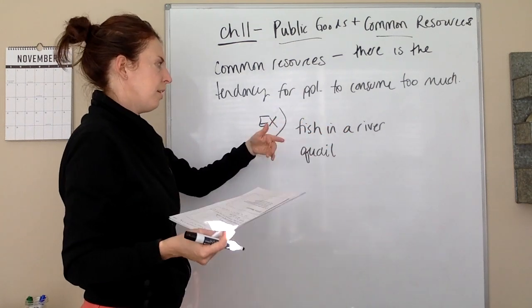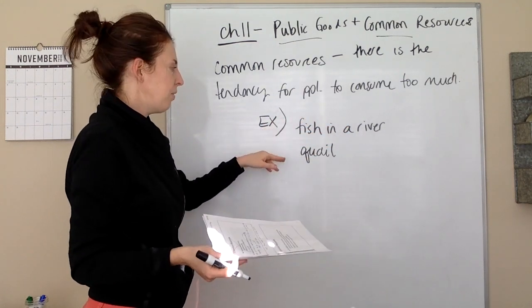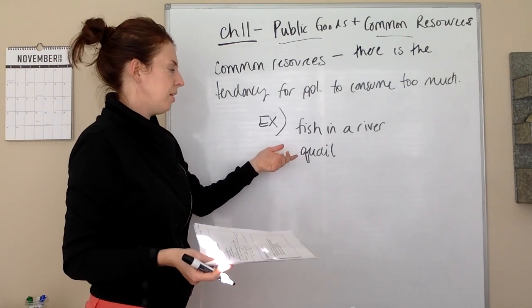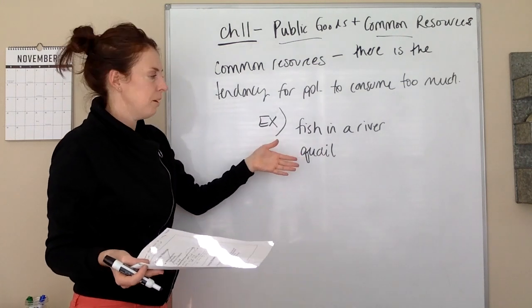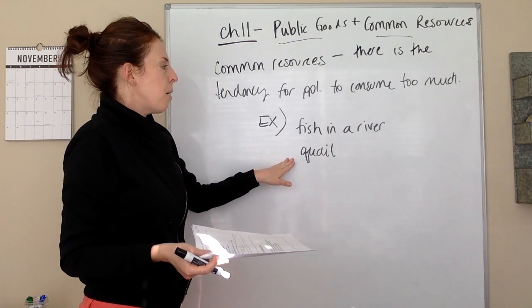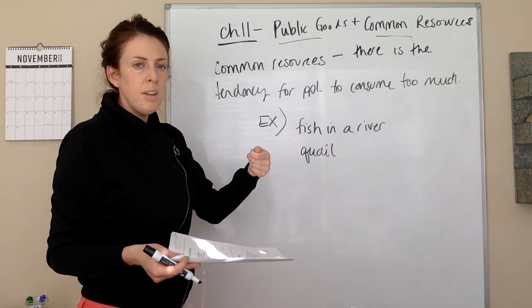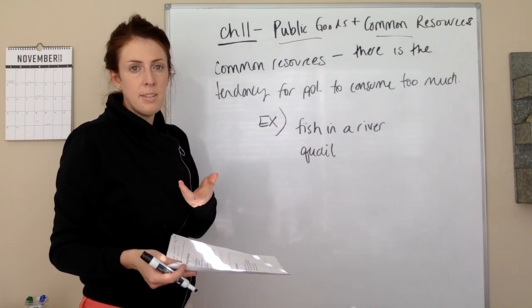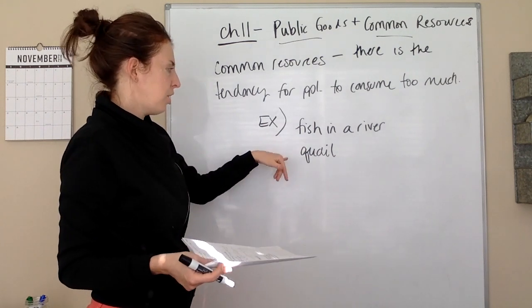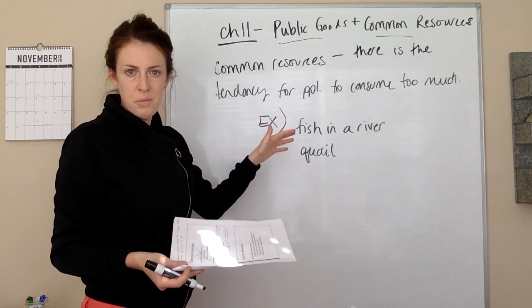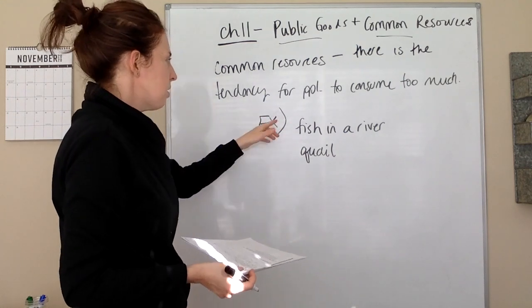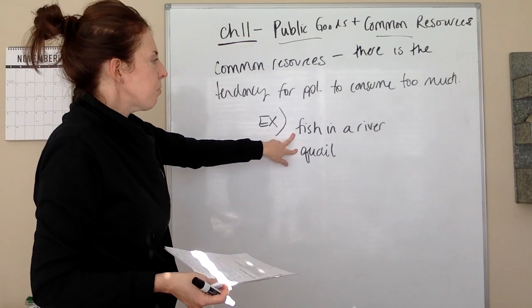So if you want to go fishing, you can't prevent anyone from doing that. If you want to go hunting and shoot birds, you can't really prevent anybody from doing that. But they are rivalrous. So as soon as I reel in one fish, when I take that fish home, no one else can catch that fish. Similarly, when I shoot one bird, that bird is done for, someone else can't shoot it. So these are examples of common resources.